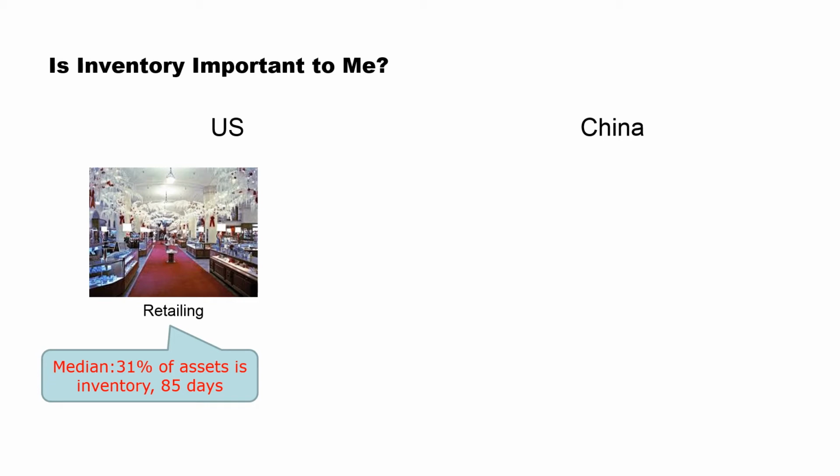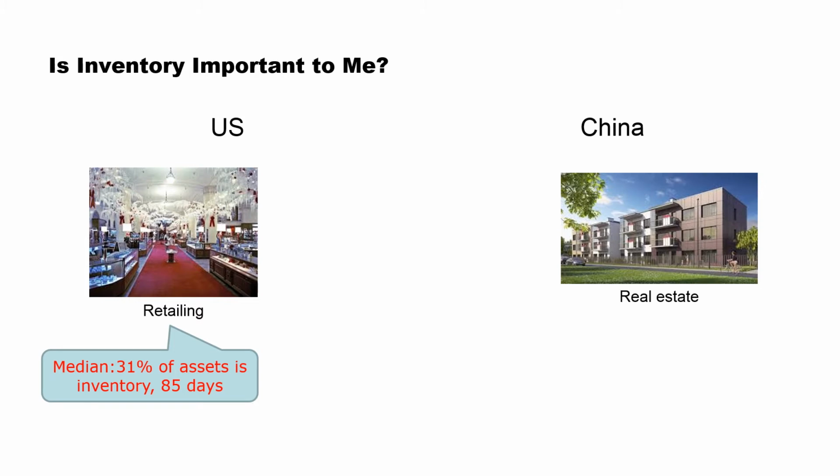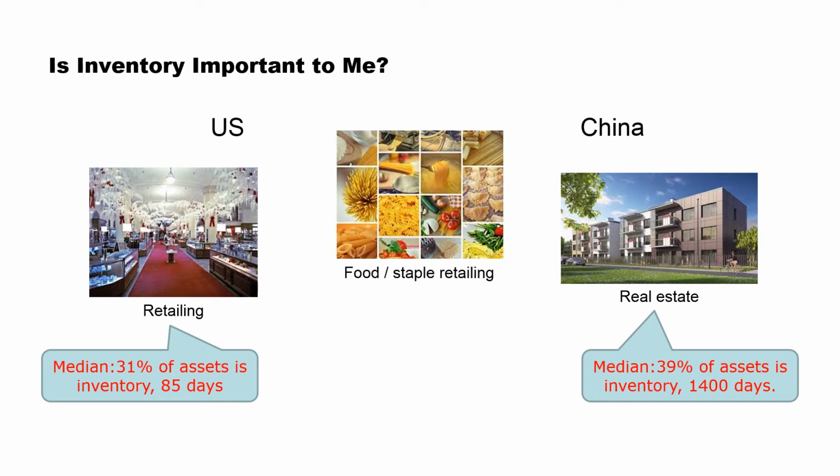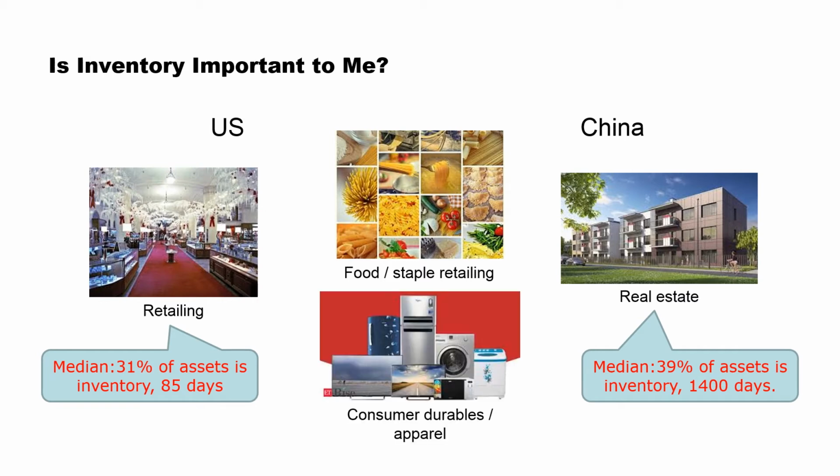For China, a shocking and unexpected fact is that inventory is most important in real estate, where 39% of the total assets is in inventory for the median, or 1,400 days. Despite this difference, the two countries share some similarities. That is, inventory is important to their food and staple retailing industry and the consumer durable and apparel industries.